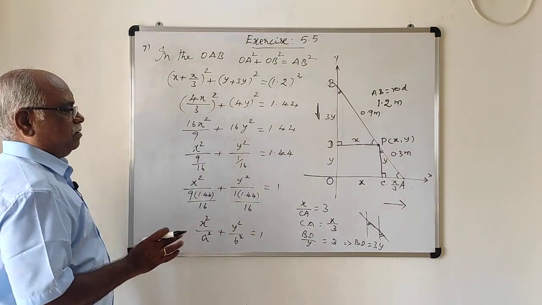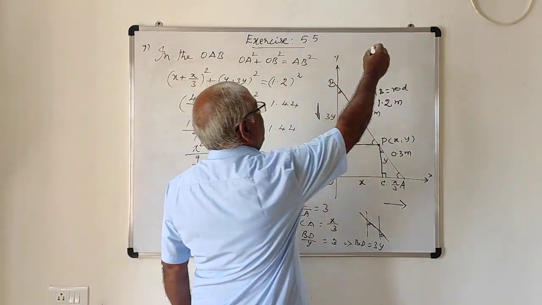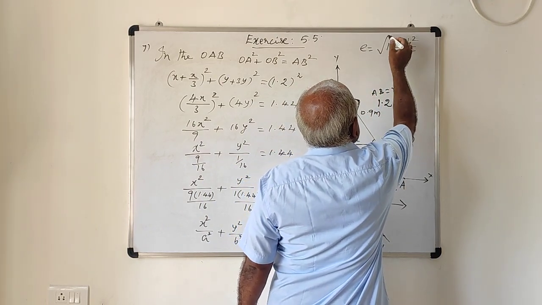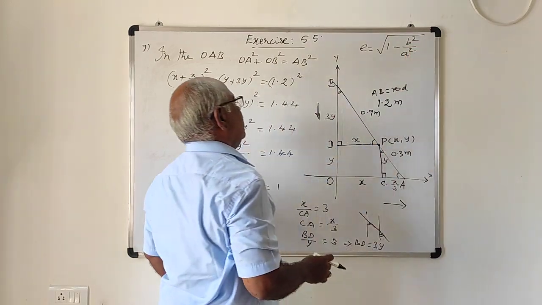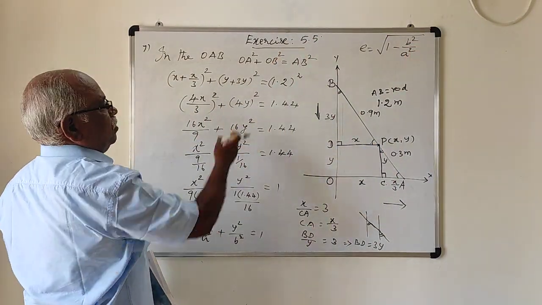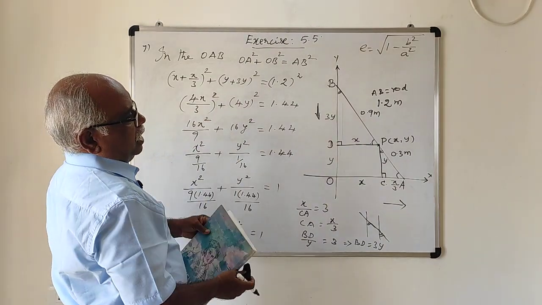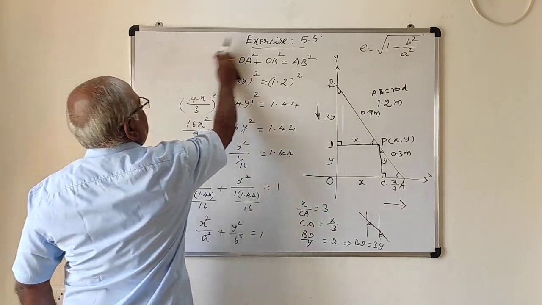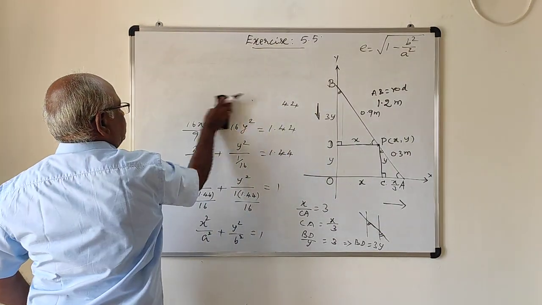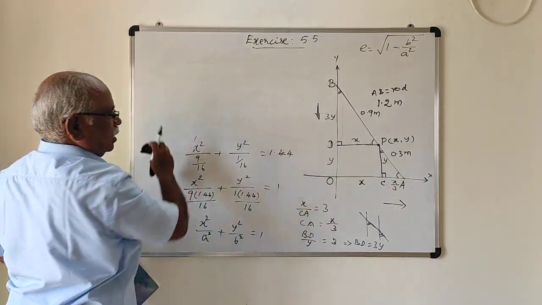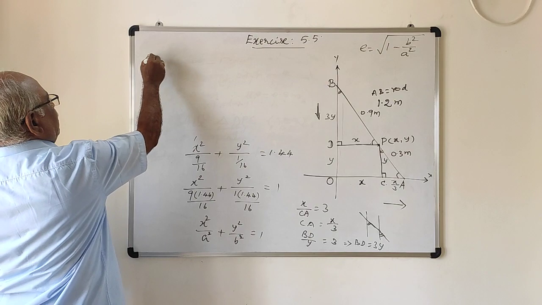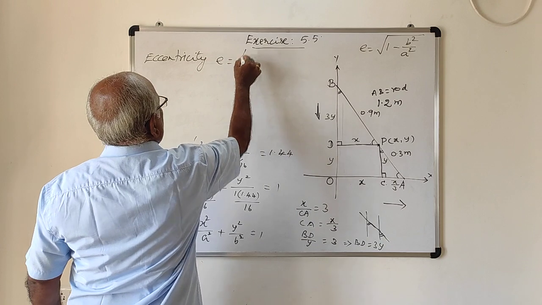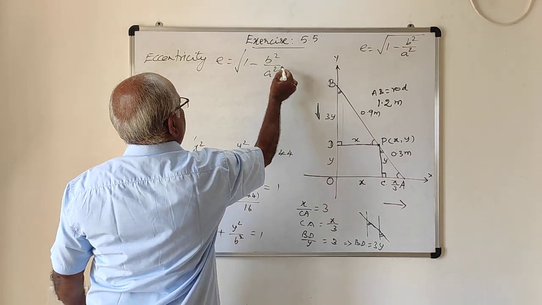From this we are going to find the eccentricity by using the eccentricity formula. Eccentricity E equals root of 1 minus b square by a square. This is the formula for eccentricity. Substituting the values of b square and a square, you will get the eccentricity. That is our required answer to the problem. So eccentricity E equals root of 1 minus b square by a square for an ellipse.